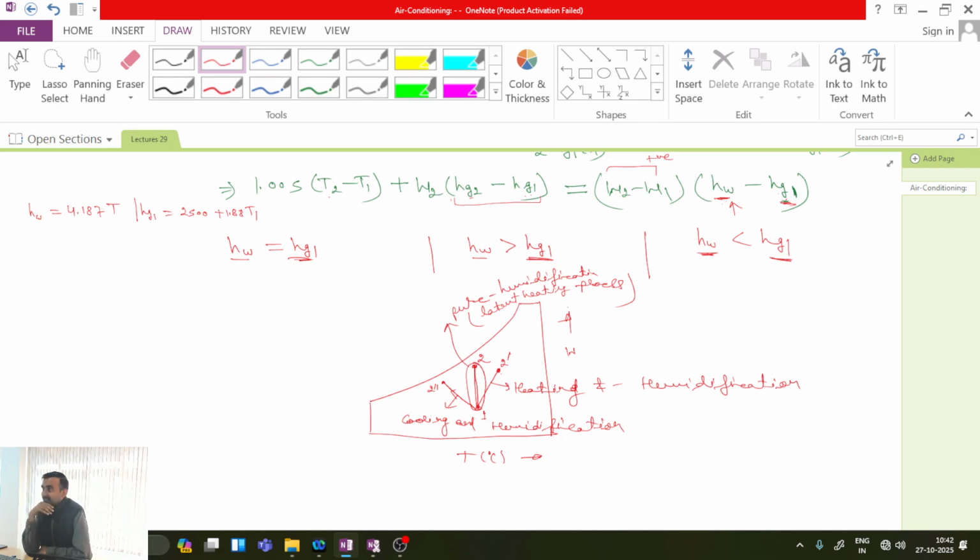So whatever water vapor we are adding into the room comes at an enthalpy equal to the enthalpy of the moisture present in the room. So that process is nothing but a pure latent heating process. Is this one clear?